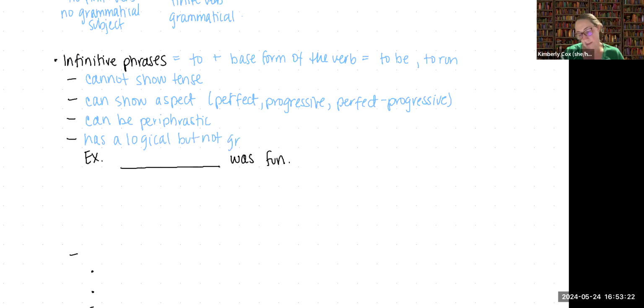but not grammatical subject. Okay. So I am going to give you an example of how infinitive phrases might be used. In this case, like nouns, so like the subject of a sentence. So I could say to read, an infinitive, right, was fun. To read was fun.